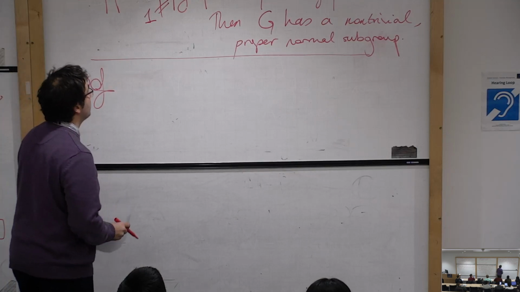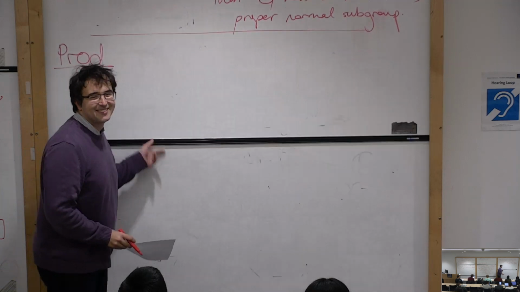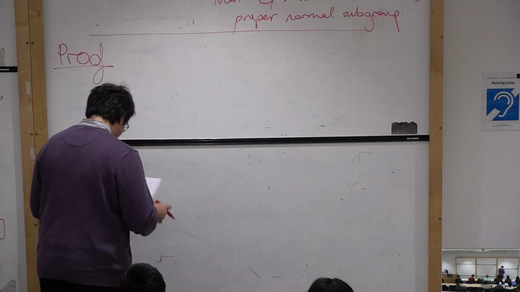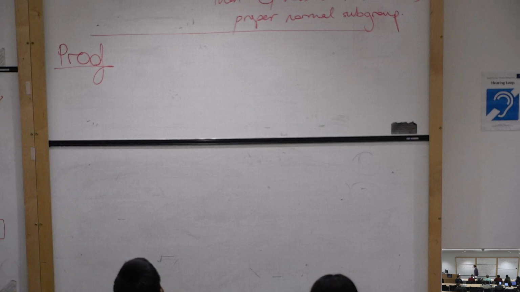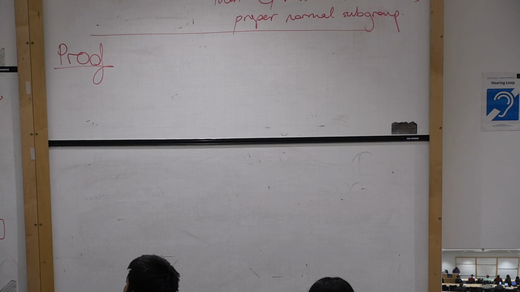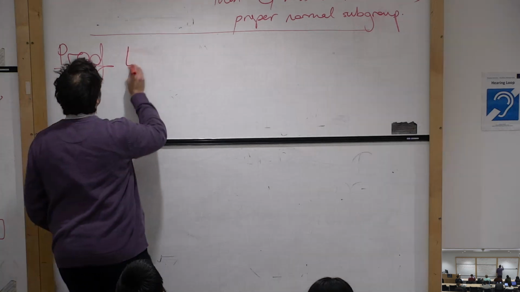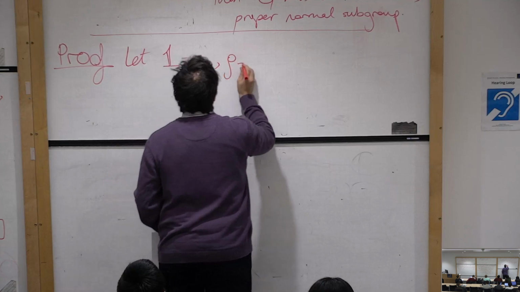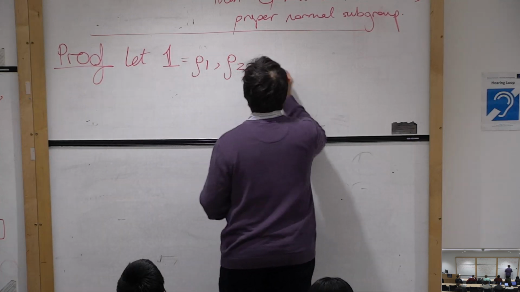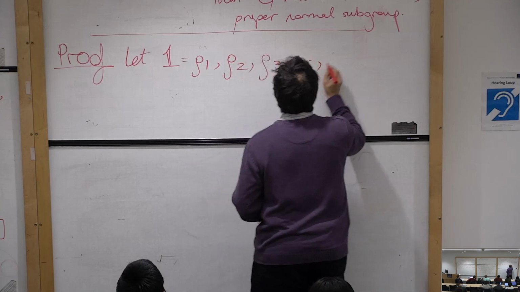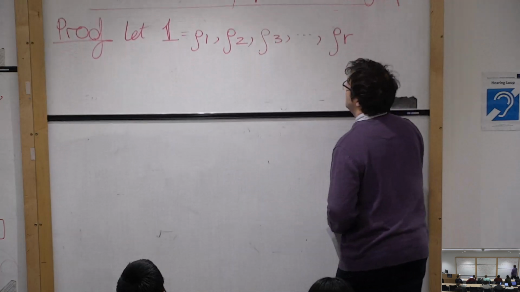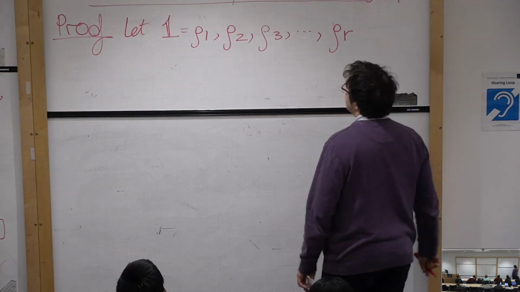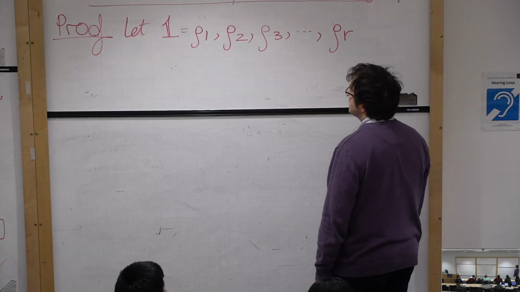Now there's going to be a lemma in the middle, I'm going to relegate the lemma to the end. Well, we have the character theory. Character tables are square and all that. We have r irreducible representations of the group.